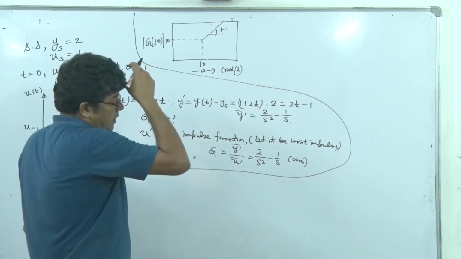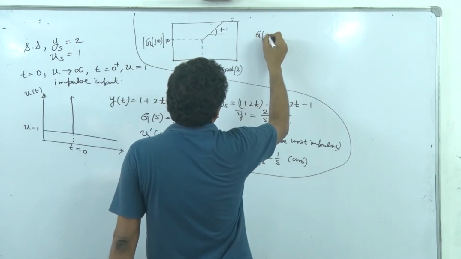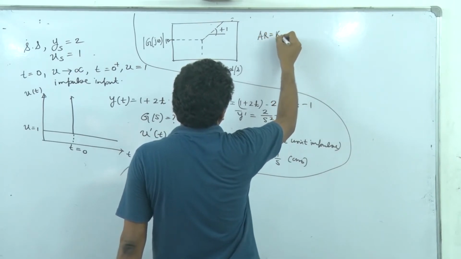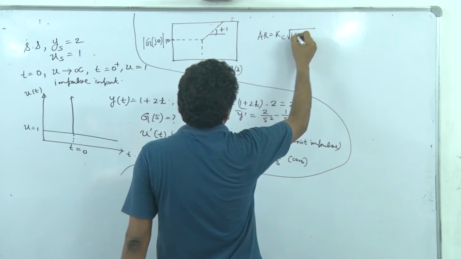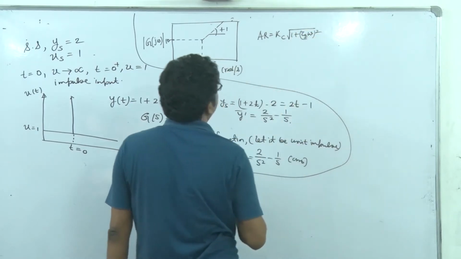So you see it is the typical PD controller, and we know that the amplitude ratio for PD controller is Kc into under root 1 plus (tau d omega) whole square, right?